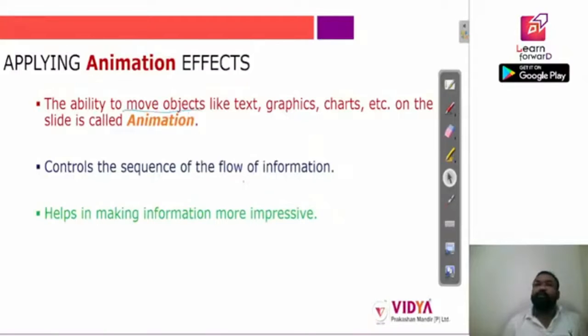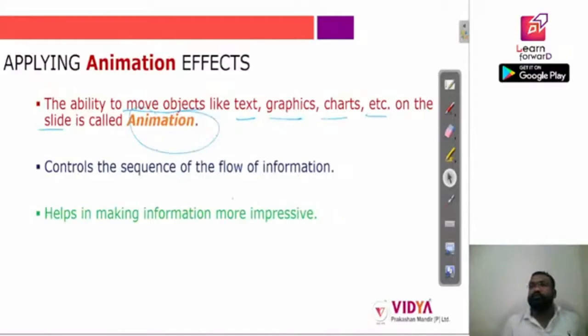Like you have seen multiple videos in which some cartoon characters are talking with other characters, and they are doing some act differently just to make you laugh or to provide you the information. So basically they are moving objects. Animation is the same. The moving objects like text, graphics, charts, etc. on the slide are basically called animation for the presentation.